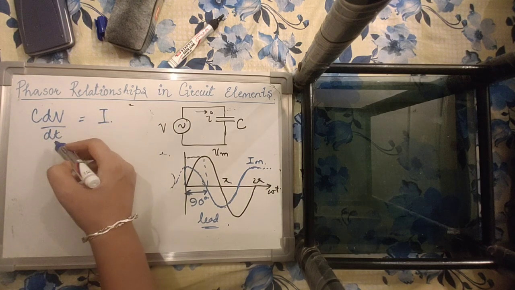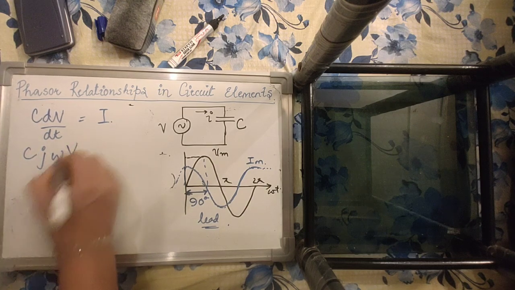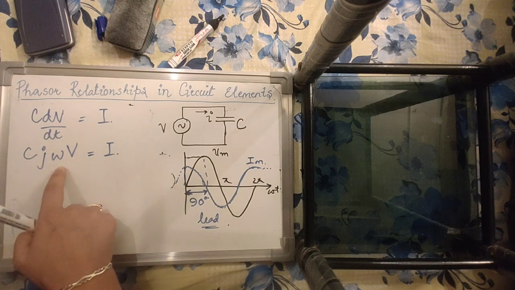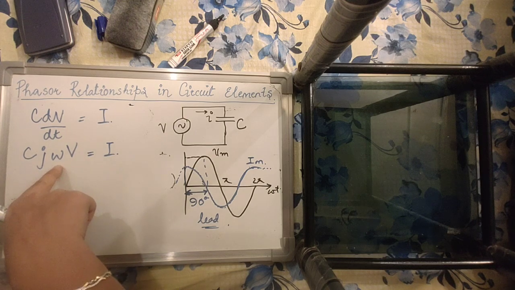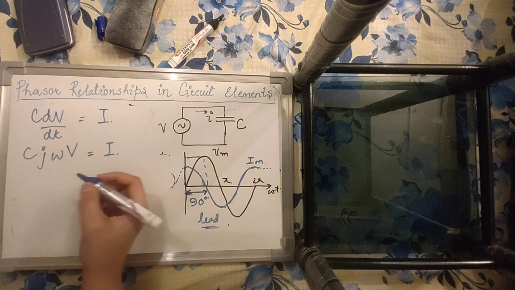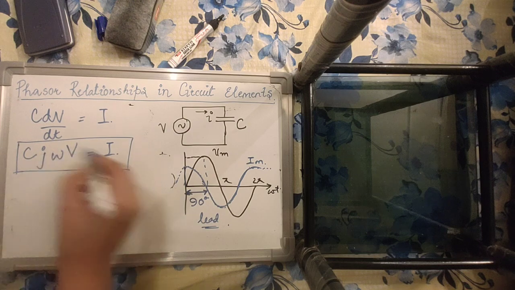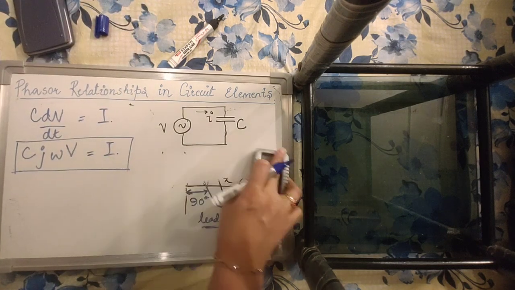However, when you do the differential, we know that j omega V is equal to I. We have done this in the previous class, how the differential operator in the time domain actually translates to multiplication by j omega in the phasor domain. And from this we will get the phasor relationship between V and I in a capacitive circuit.